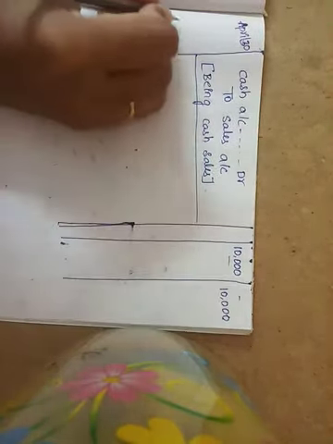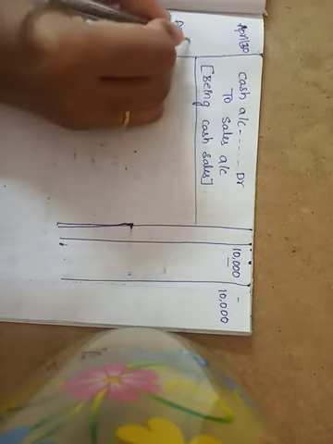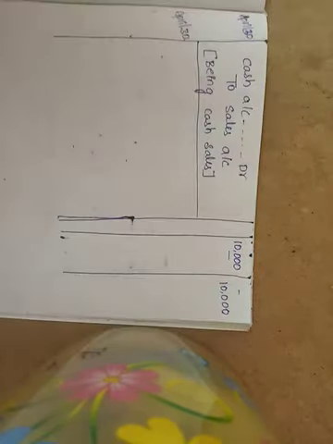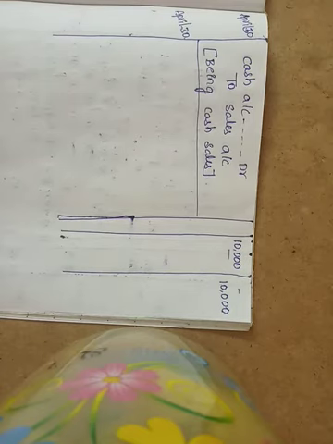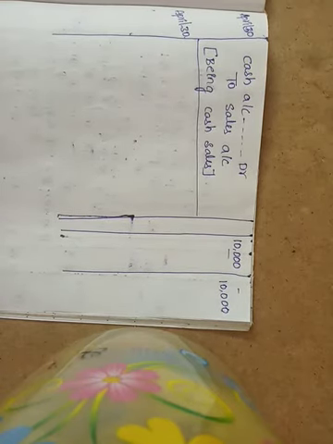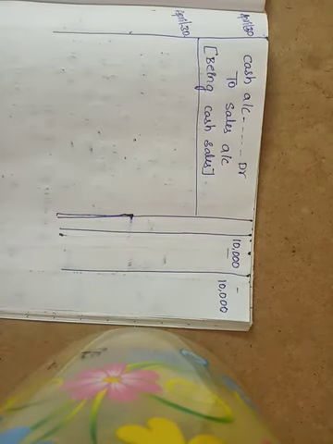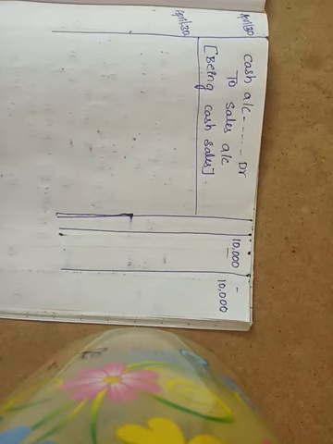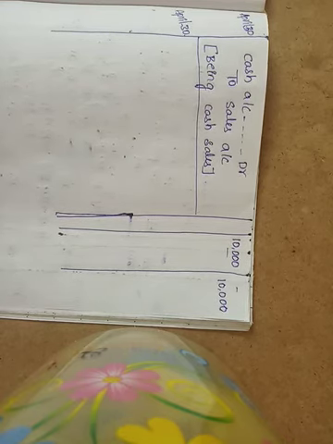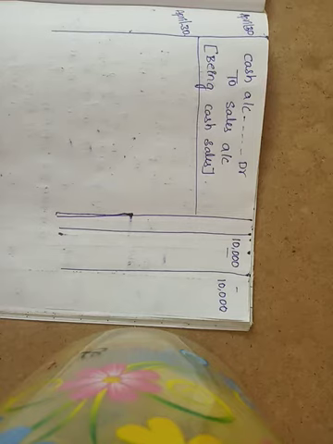Next is April 30, paid rent. Generally how do we pay the rent? In cash only. For paying rent, it is an expenditure. That expenditure will come under the debit side as a nominal account, and cash is a real account; cash is going out, so it is credit side.